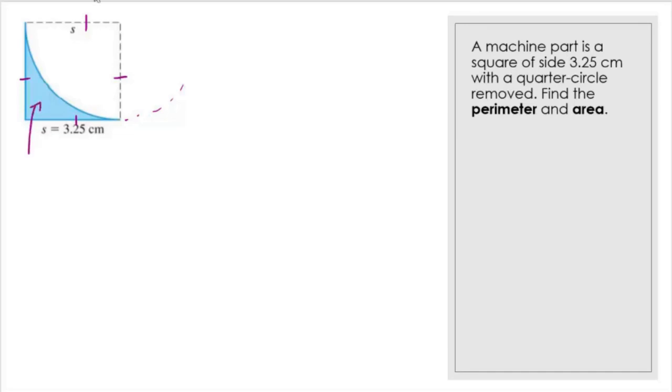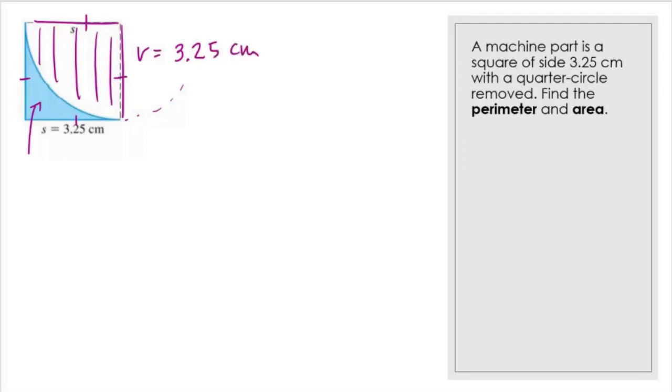The part in here. Let's start once again with the perimeter. What do we know? All right, so if this is 1/4 of a circle, then we know that what we're looking at here, this side length and this side length, is the radius. And we know that length. We know that the radius of the circle is also the side of the square and has a value of 3.25 centimeters.